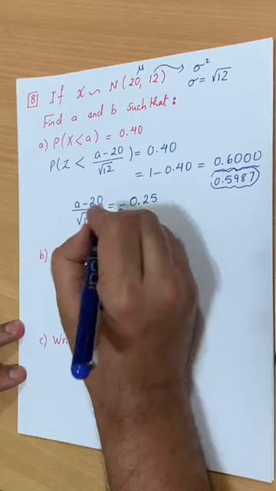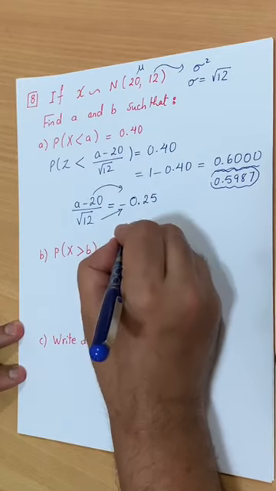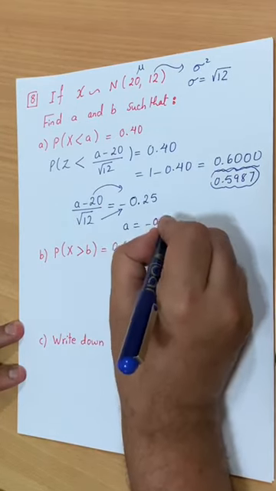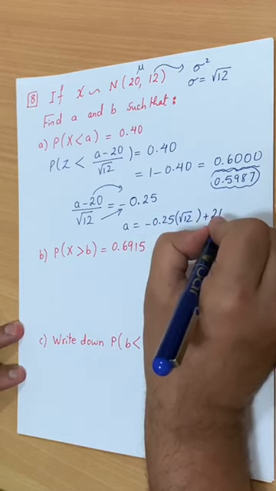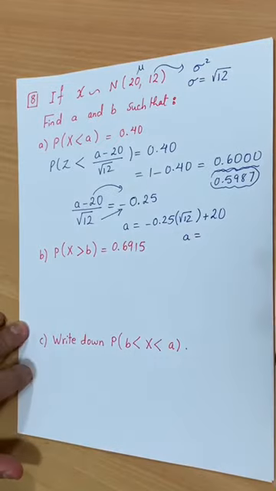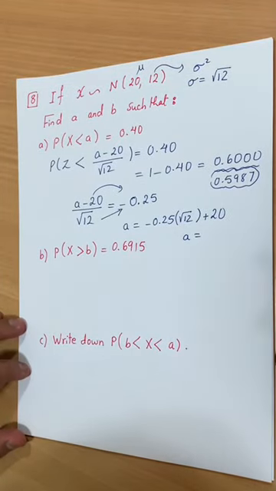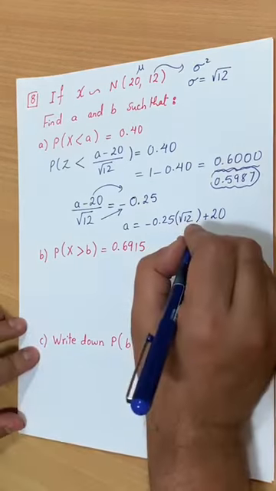Then you do cross multiplying and you move negative 20 to the other side. So negative 0.25 times root of 12 plus 20. Then a is equal to negative 0.25 times root of 12. Then you close the bracket, plus 20 is equal to 19.13.